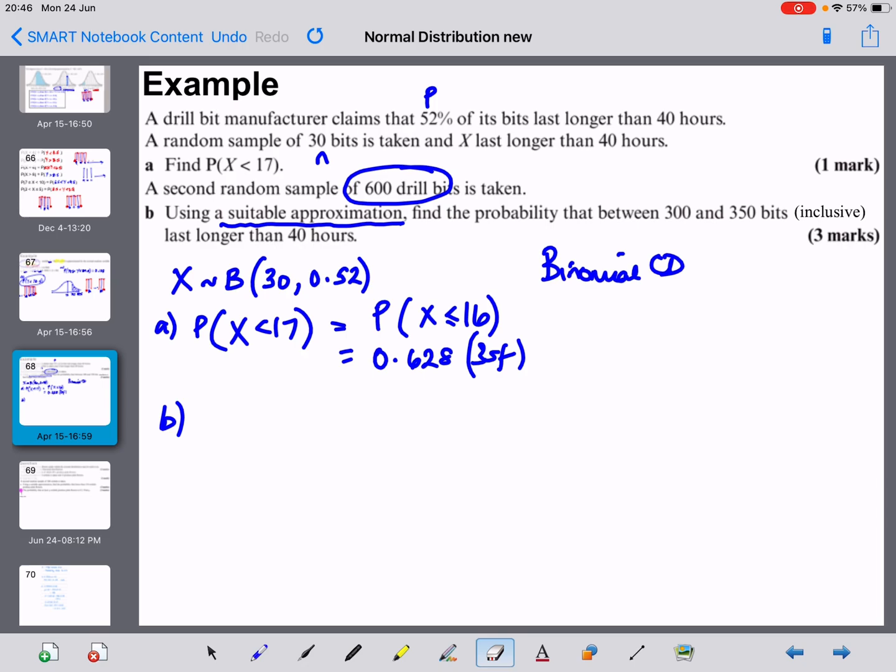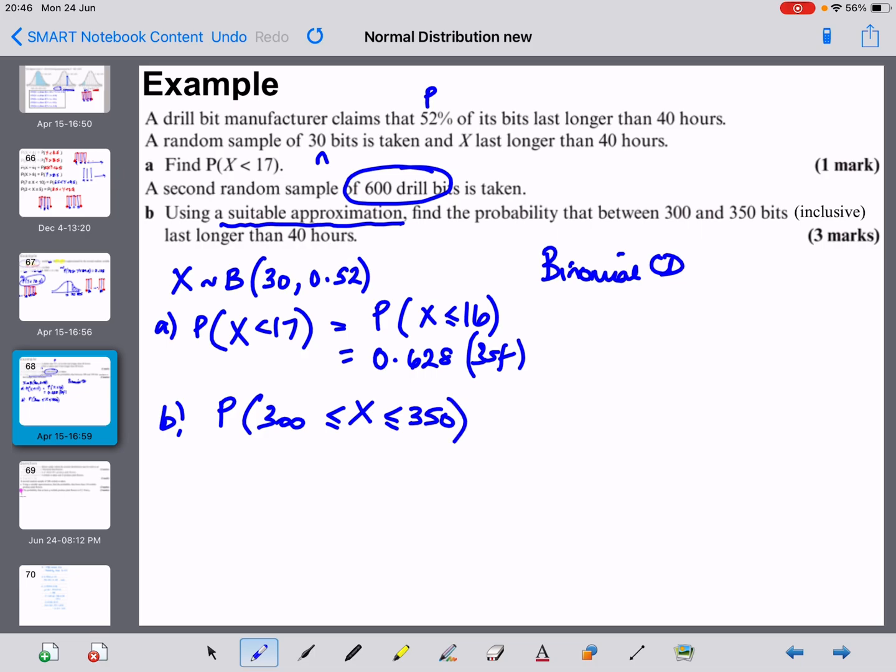Use the normal distribution. Find the probability that between 300 and 350 bits inclusive lasts longer than 40. So we're after the probability that X is greater than or equal to 300, but less than or equal to 350.